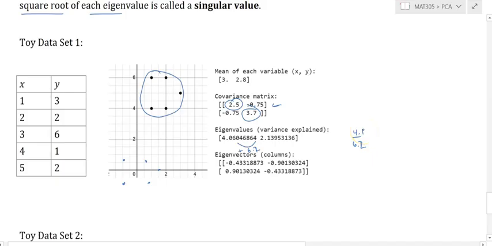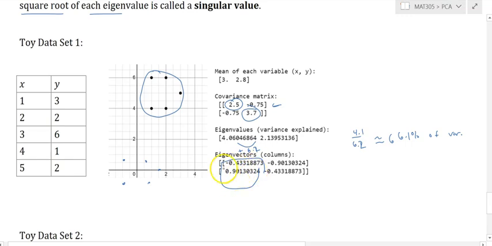And 4.1 divided by 6.2 is a little less than 2/3. About 66.1% of the variance is explained by the direction of the first eigenvector, of the first principal component.